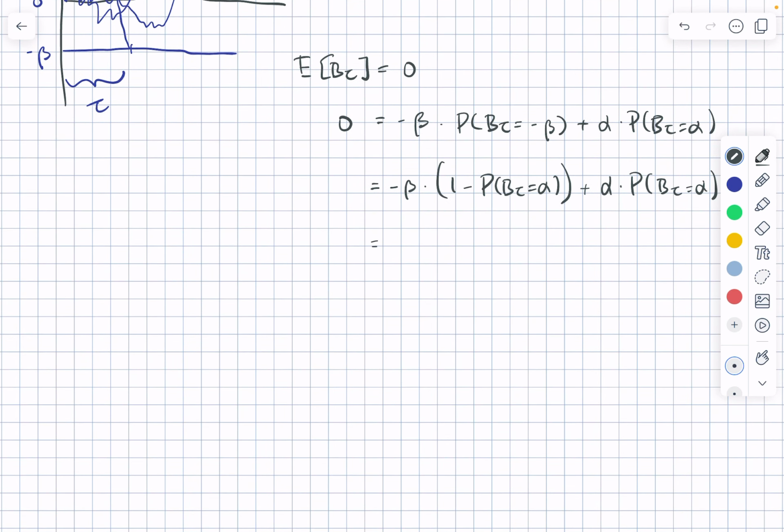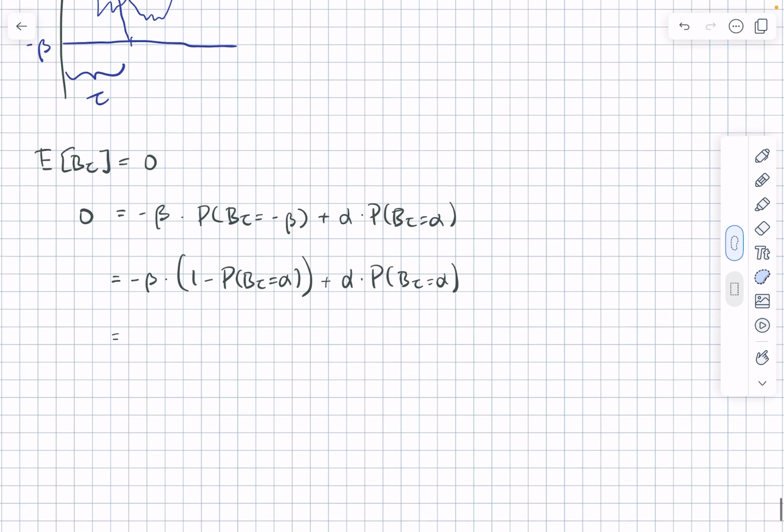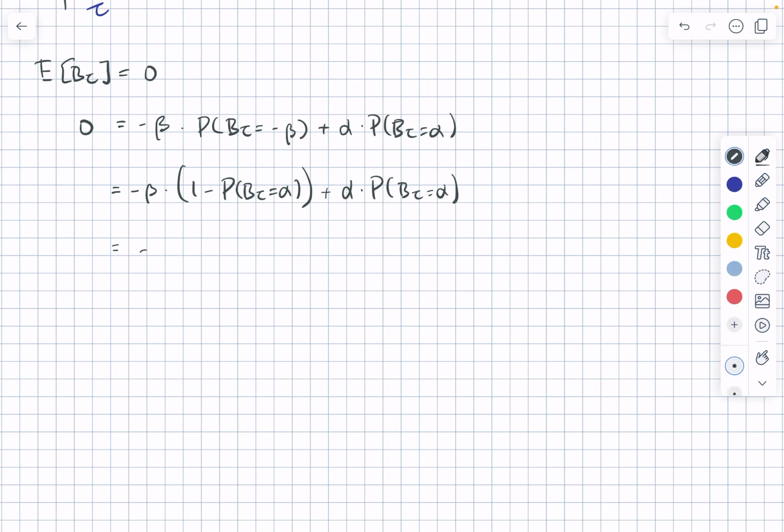To expand our equation, we have -beta plus beta times the probability that we reached alpha, plus alpha times the probability we reached alpha, and this is equal to 0.